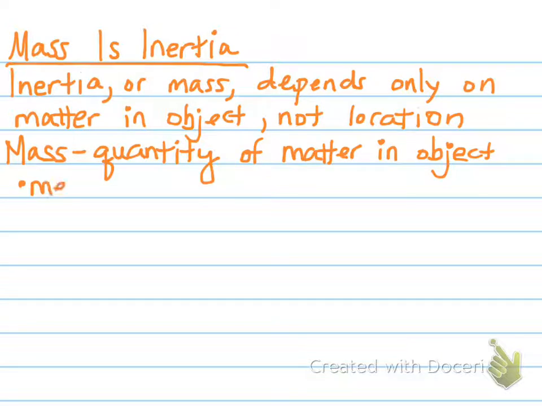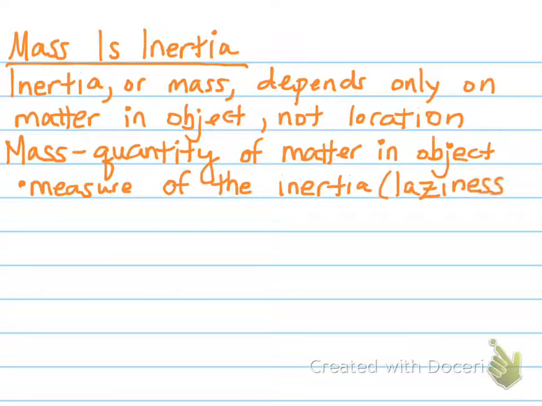Mass is a measure of the inertia which your textbook kind of tends to call laziness, right? That resistance to a change.